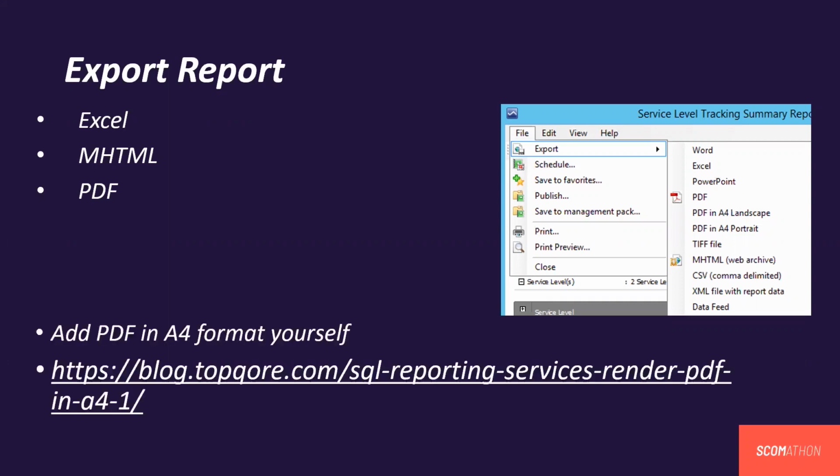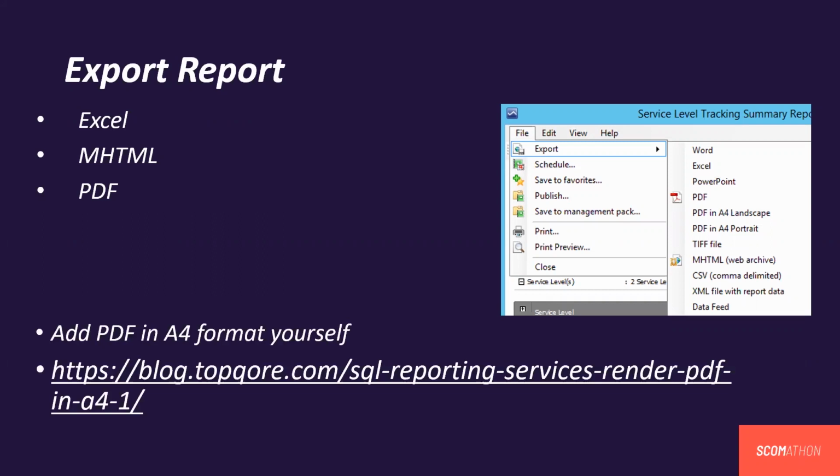A few years ago, I ran into a problem that the PDF option by default saves a report in letter paper format, which is the standard in the United States. But when printing in Europe, you often get a printer error because the A4 paper size is used here.